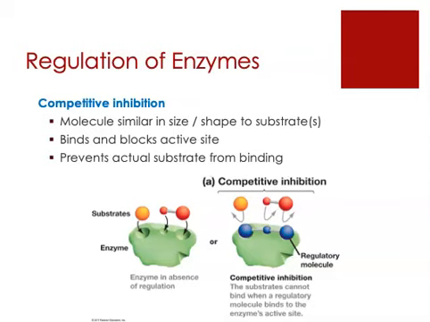So it's important to know that there are temporary competitive inhibitors, and those make good drugs for us in medicine. But there are also permanent competitive inhibitors that we would think of as toxic.